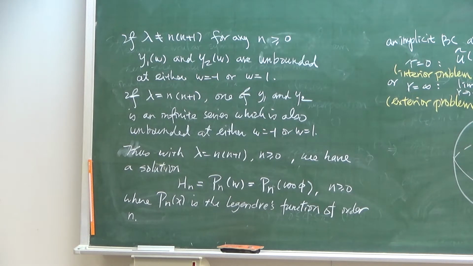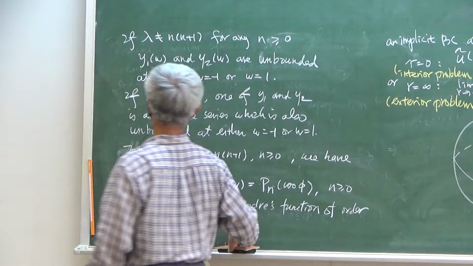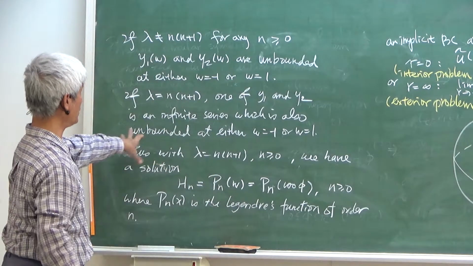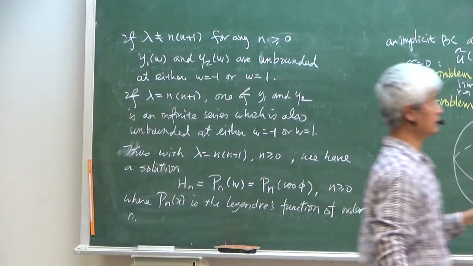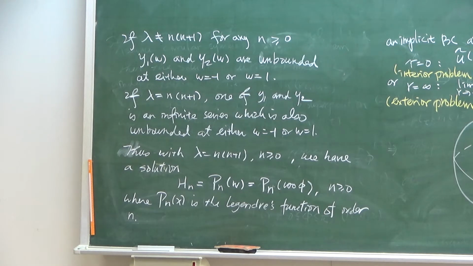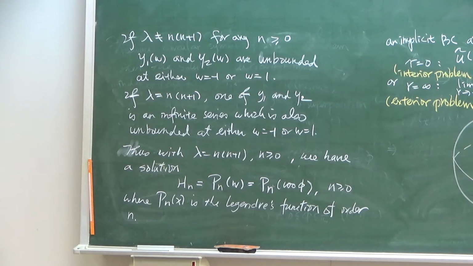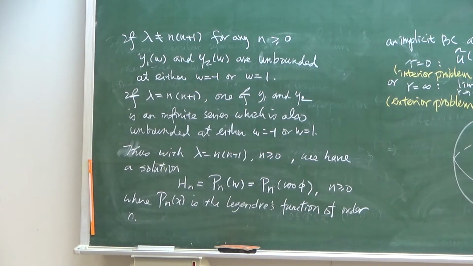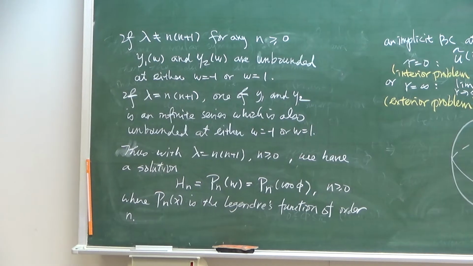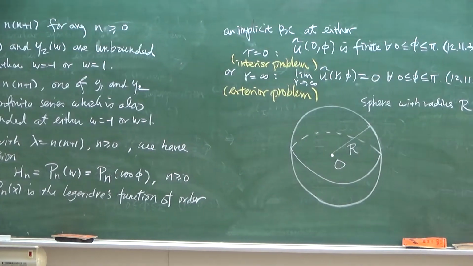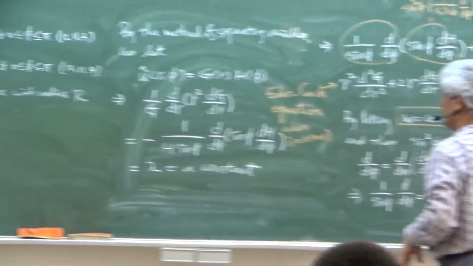And I have to stop here, and I will continue to complete the solution. But at this point, we know why lambda should be n times n plus 1, so that the second ODE becomes the Euler-Cauchy equation, because lambda is equal to n times n plus 1 for all n.